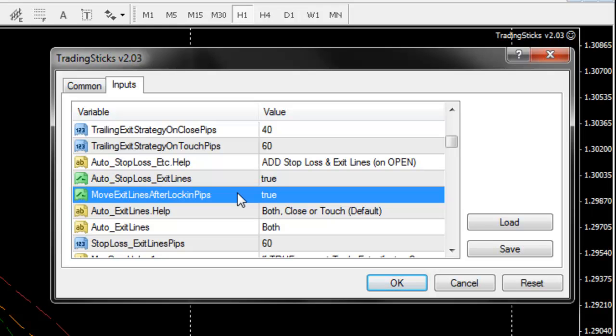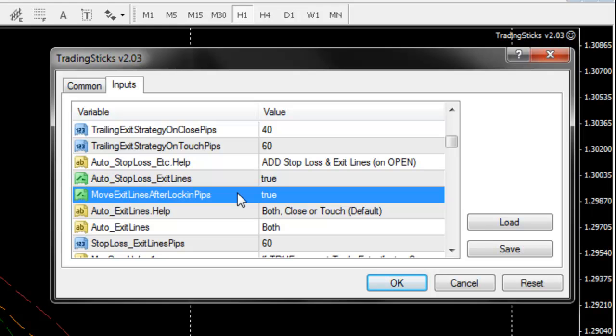However, if you want all the lines to sit back and do nothing until the trade moves into profit and you lock some of that profit in, and at that point you want the exit lines to start trailing, this is when you set the option to true, and that's what we've set here.